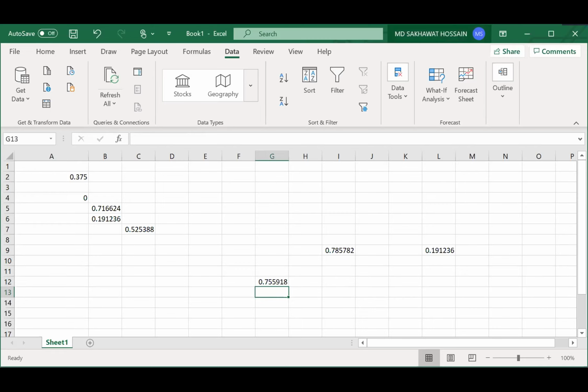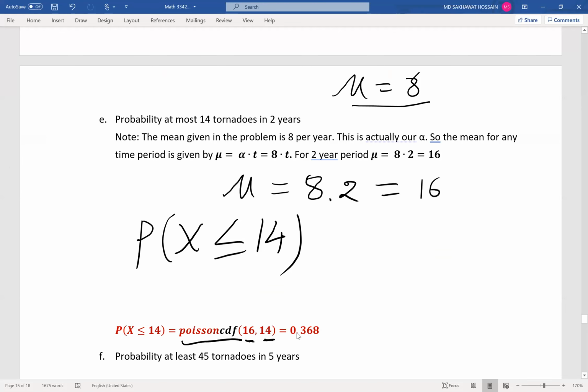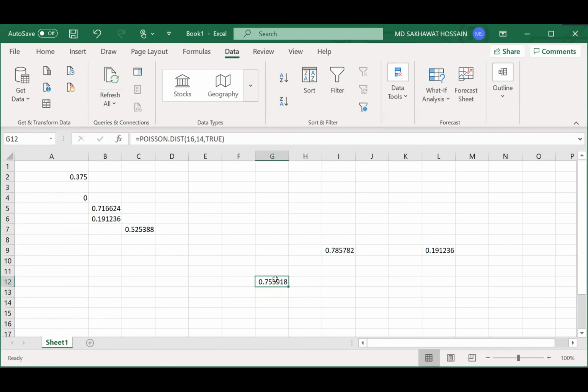So this probability is 0.755918, and let's check the result. Let me check again. The Poisson is 16, comma 14, true.